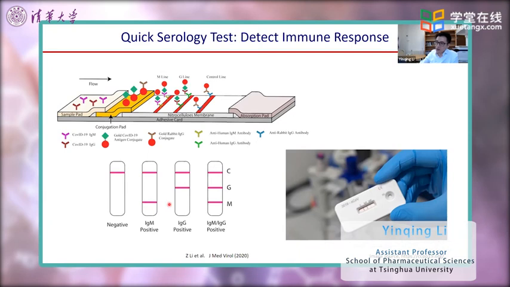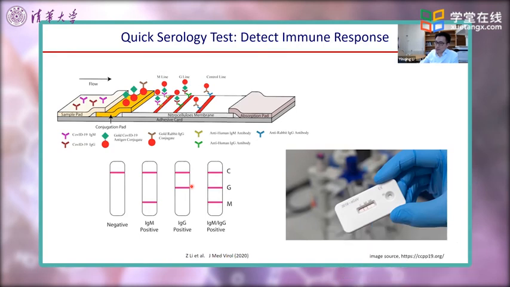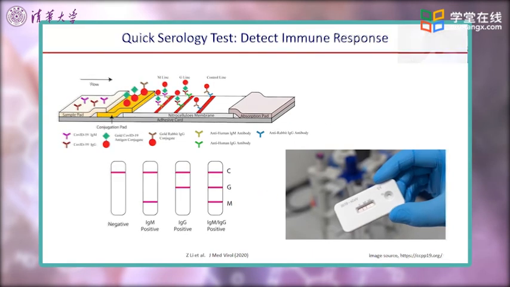In a similar way, if we have the IgG antibody that can recognize the COVID-19 antigen, then the gold nanoparticle will be bound to the second line, and it will show as a pink line here. And if the person has both IgG and IgM antibody, then both lines will show pink color. And this is how this fast serological test works.